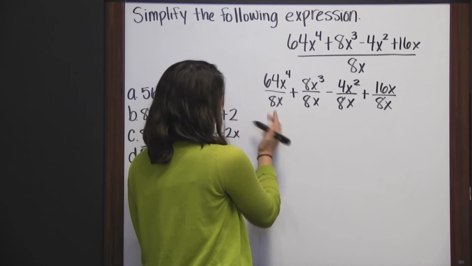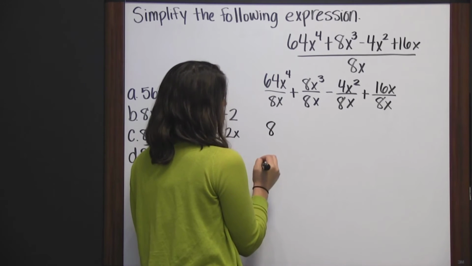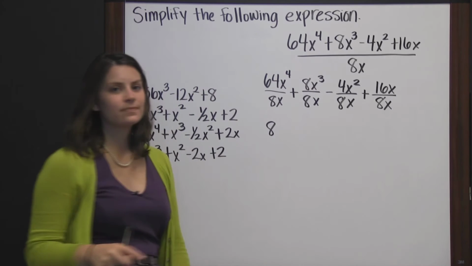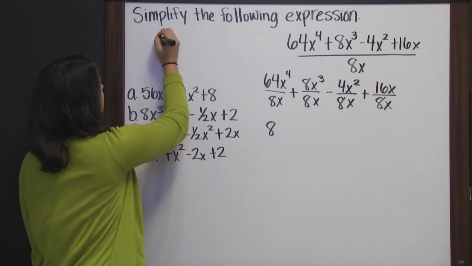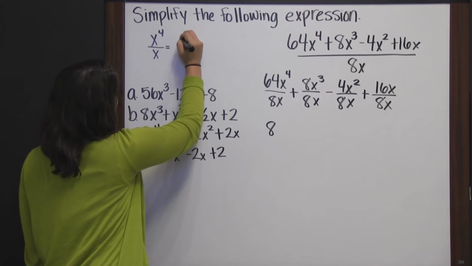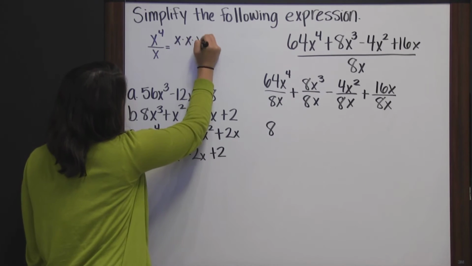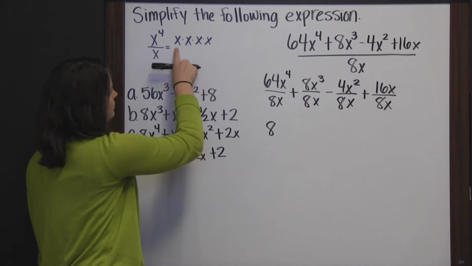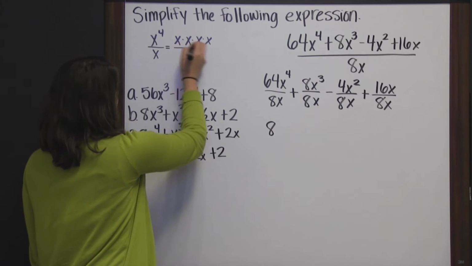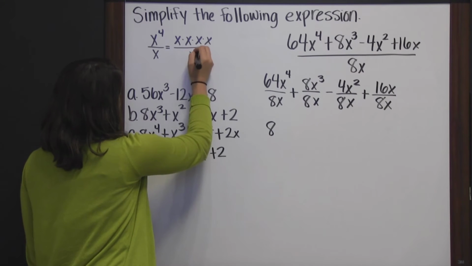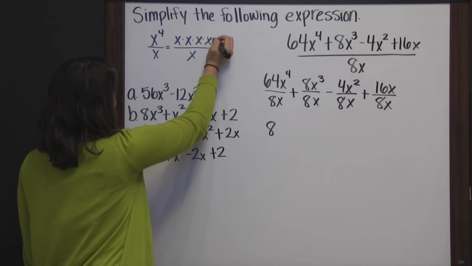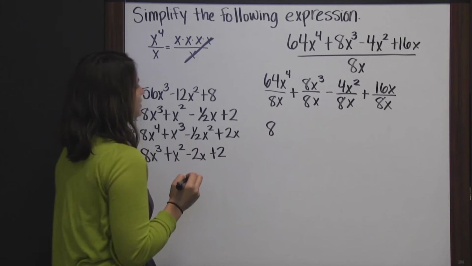64 divided by 8 is 8. And x to the fourth divided by x, well, let's see what that looks like. X to the fourth divided by x is x times x times x times x, x to the fourth, divided by x. X divided by x is 1, so those cancel.